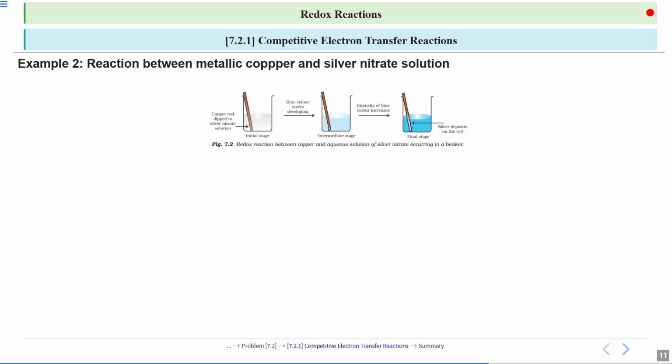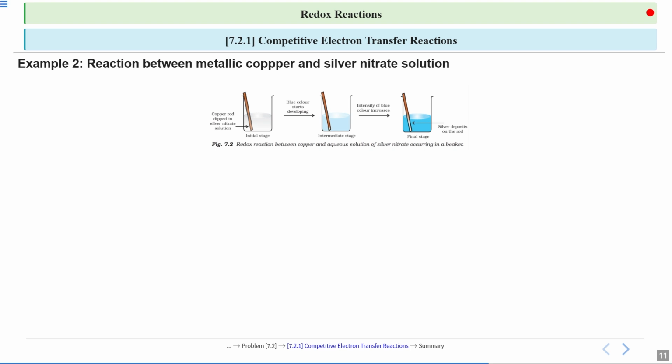After this intermediate stage, you will find that the intensity of the blue color developing in the silver nitrate solution increases.